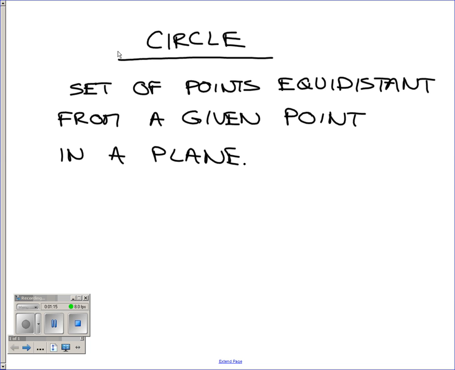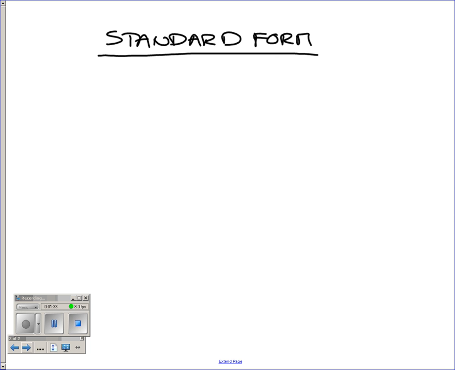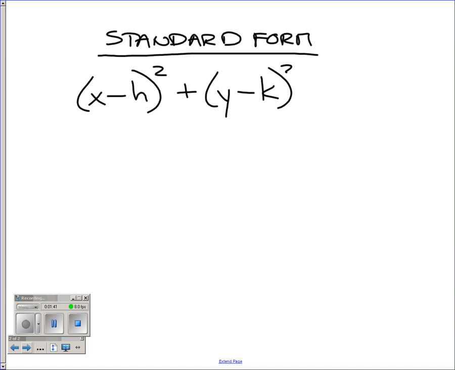We have two basic forms of a circle that we need to know, and one is called the standard form, and this is one from geometry. So let's take a look at it again. The standard form, that's this: x minus h squared plus y minus k squared is equal to some radius squared.